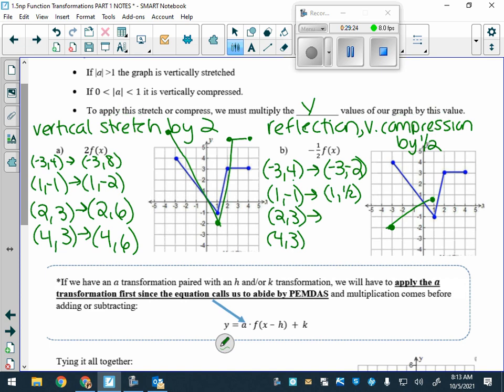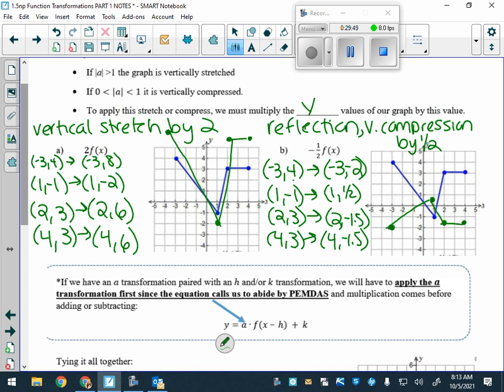What would 2, 3 become? Yep. No, it's okay. 1.5 is easy to see. Good job. And then would 4 be the same? For -1.5 as well.